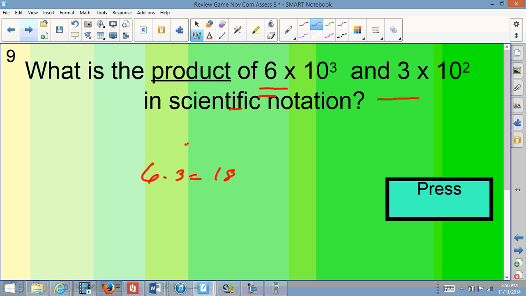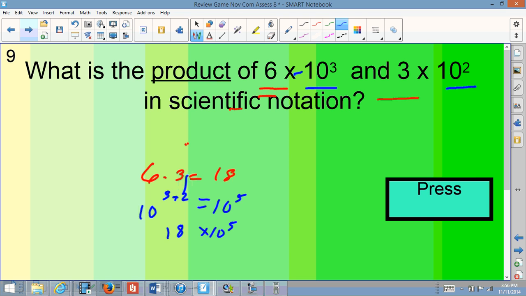And then I'm going to take the 10 to the third and 10 to the second and add the exponents. That'll give me 10 to the fifth. So my answer looks like it would be 18 times 10 to the fifth.